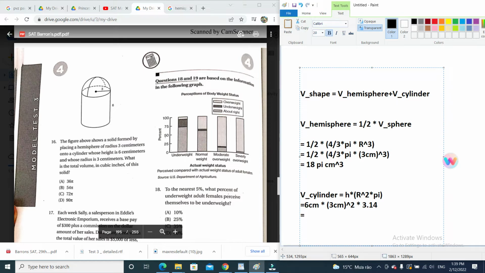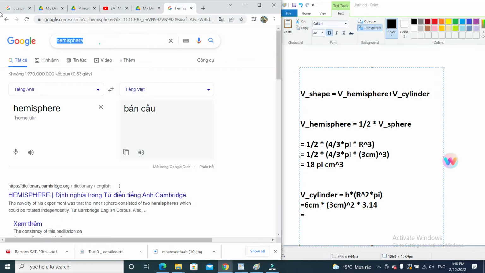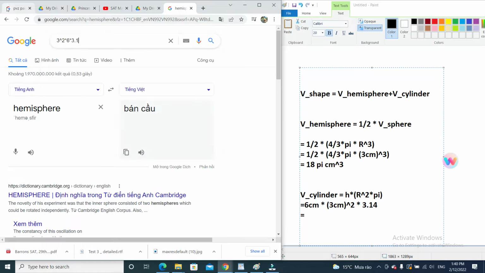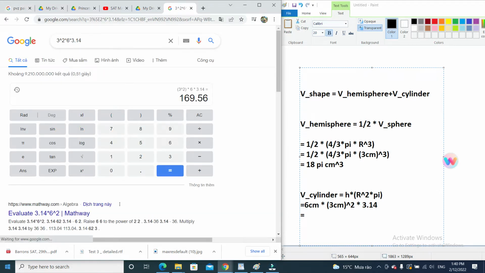So let's calculate it: 6 times 3 squared times 3.14, which is 169.56 centimeters cubed.